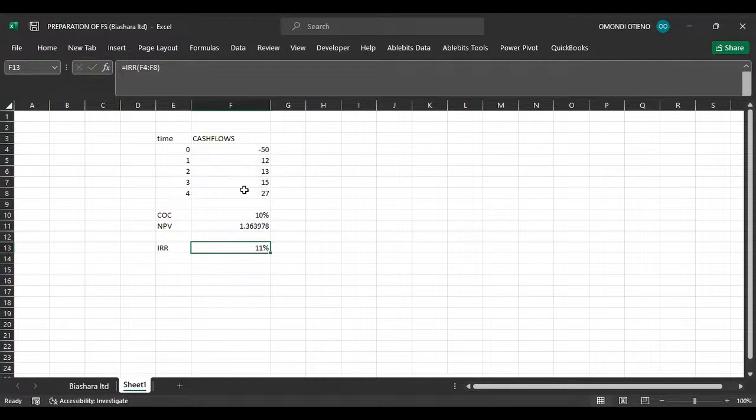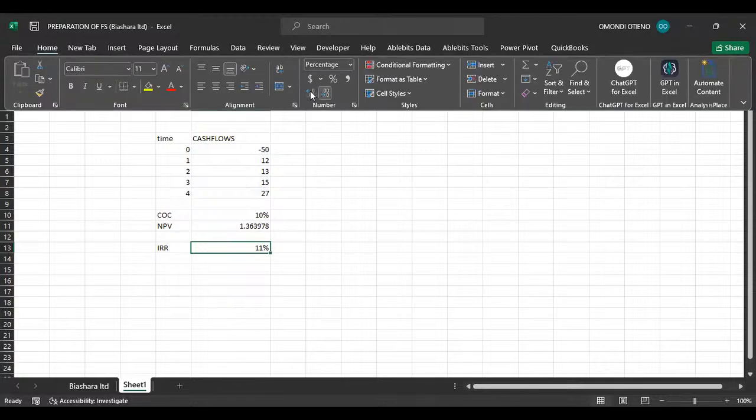So increase the decimals, please. If you decrease that decimals, you are seeing 11.095 as the internal rate of return given by Excel. So of course, ours was 11.188 or something like that. Excel figure is 11.09. Which figure will you tend to trust more?